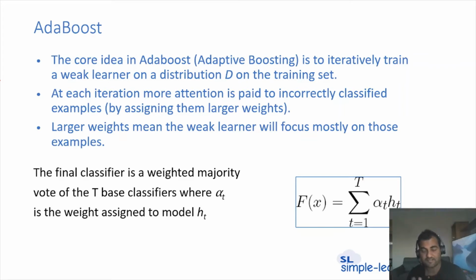Then the final classifier is based on the weighted majority of the vote, where alpha t, you can see here, is the weight for the model which will be allocated, right?